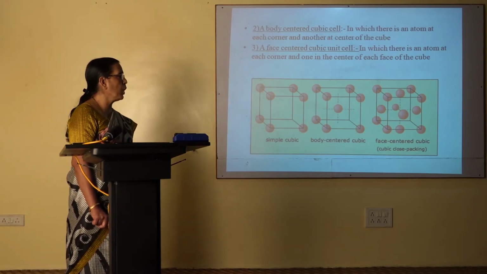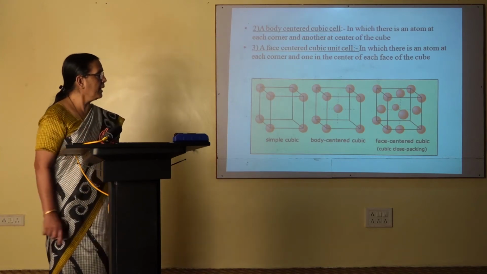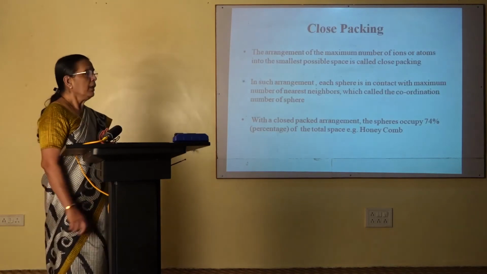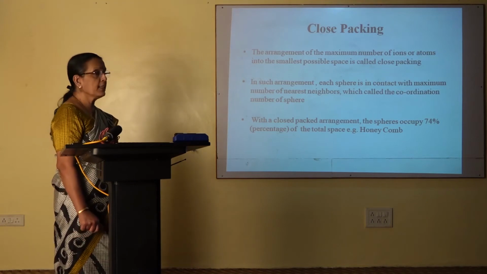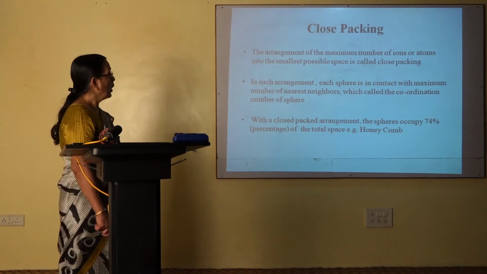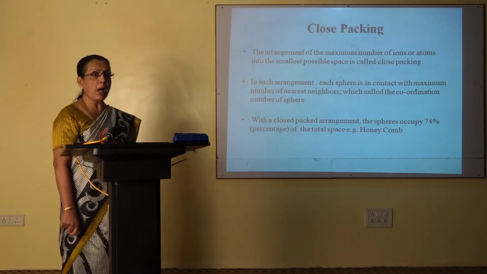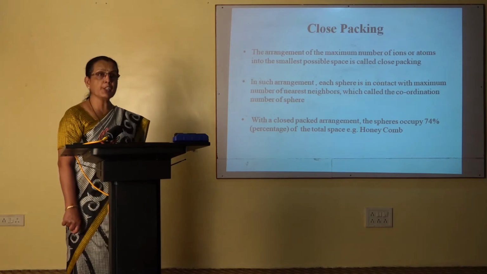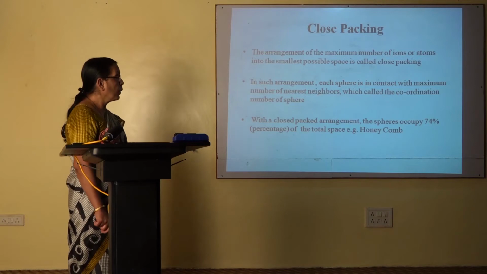See the first structure here, that is the sodium chloride structure. The salient features of this structure are as follows. First, it has a face-centered cubic structure. Second, the radius ratio is useful in predicting the type of crystal structure.